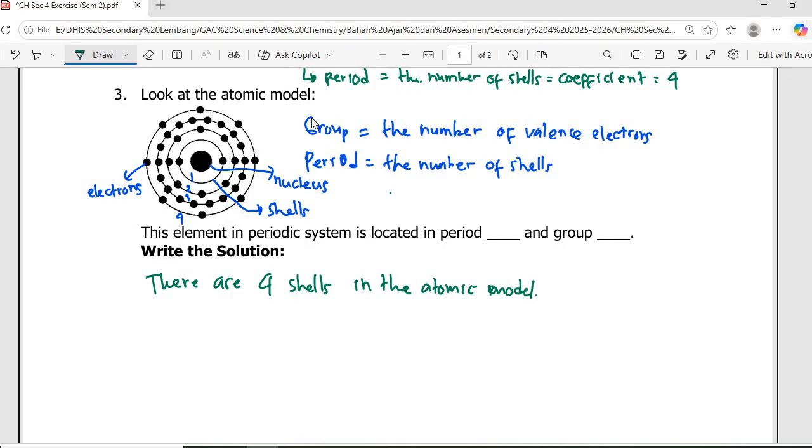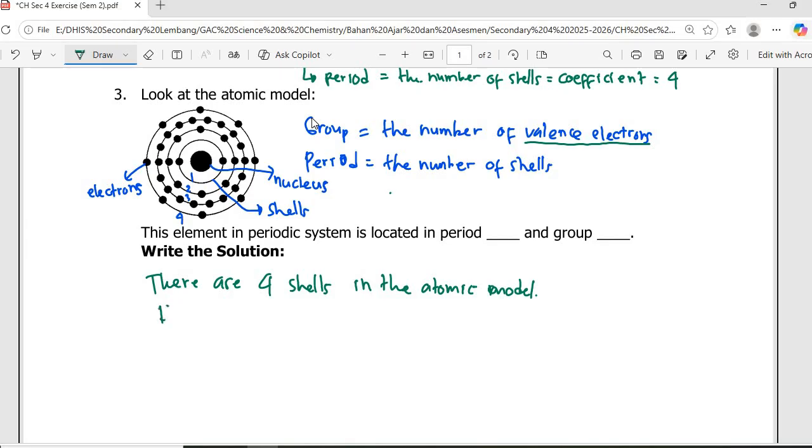And then what are valence electrons? Valence electrons are the electrons located in the outermost shell, or the last shell. The last shell is the 4th shell. So you have to count how many electrons are in the outermost shell.